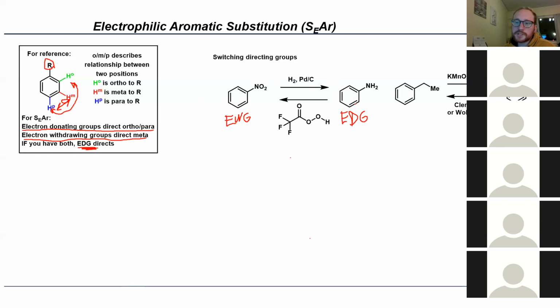And so the reverse is an oxidation reaction. And so we can use an oxidant like trifluoroperoxyacetic acid to oxidize anilines back up to nitro groups. And in this way, we can toggle the reactivity between electron donating groups and electron withdrawing groups. This allows for us to change what positions are being directed to on the benzene ring.